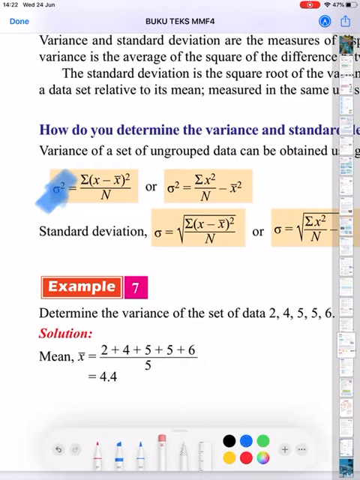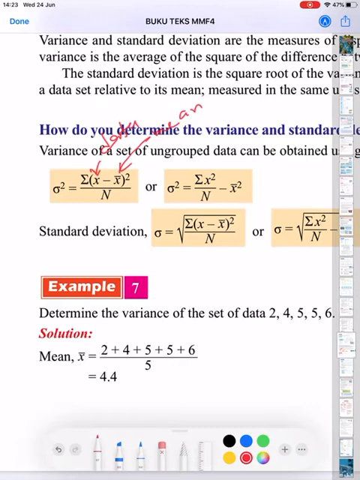It's the average of the square of the difference between each data and the mean. So this is the data and this is the mean.